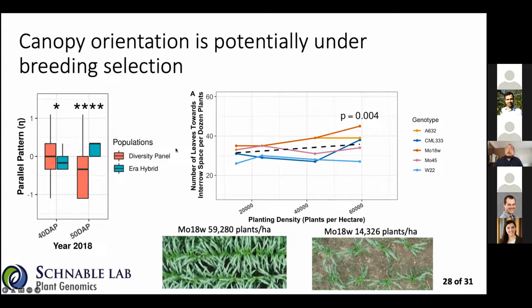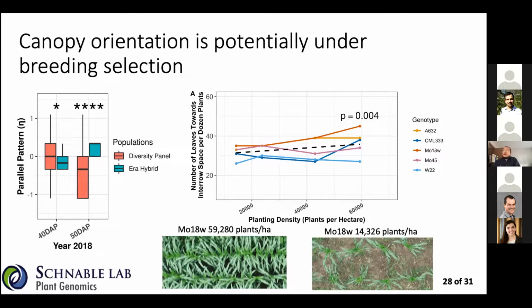And when we compare multiple inbreds, what we show here is that there is actually a diverse response in how the canopy reorients under high planting density versus low planting density. We found several genotypes like Mithrin 18W, A632, and CML333, in which under high planting density there is a significantly increased number of leaves pointing towards interrow space.